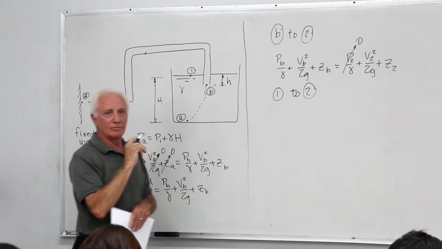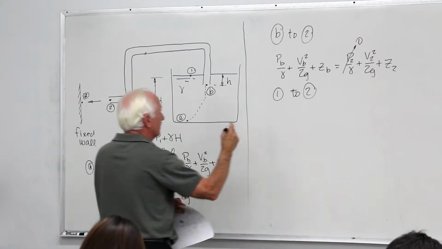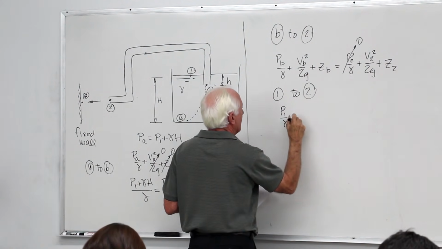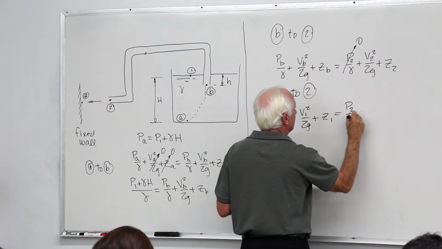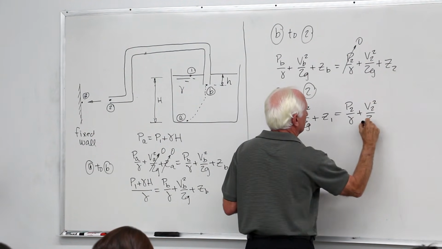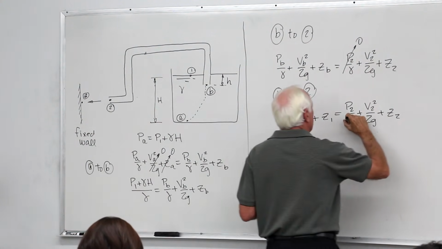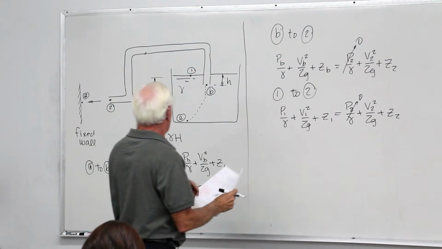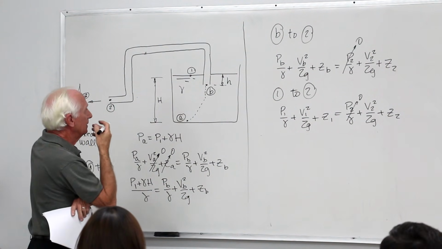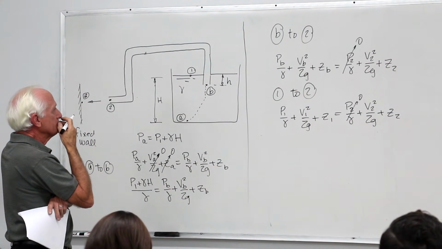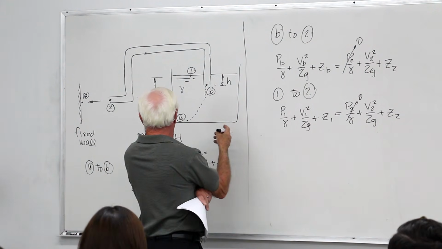Don't stop at A and B. Go from 1 to 2 directly. Okay, we know this guy is 0.